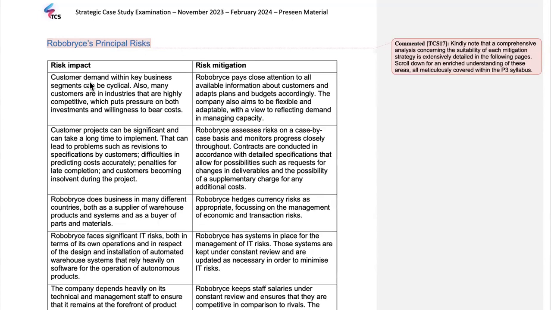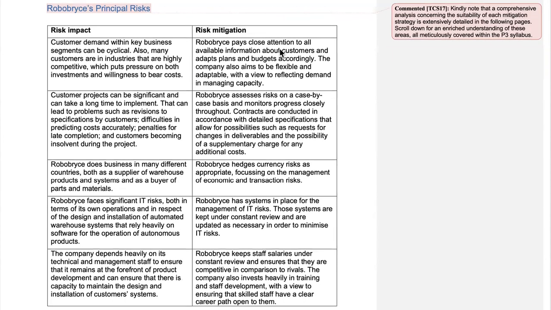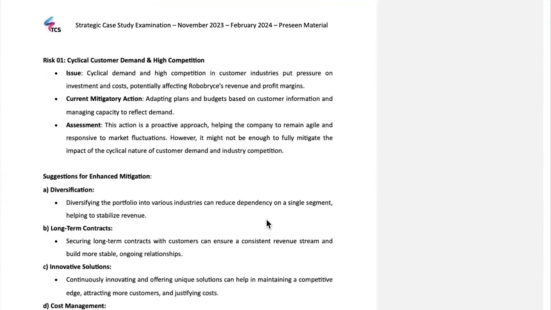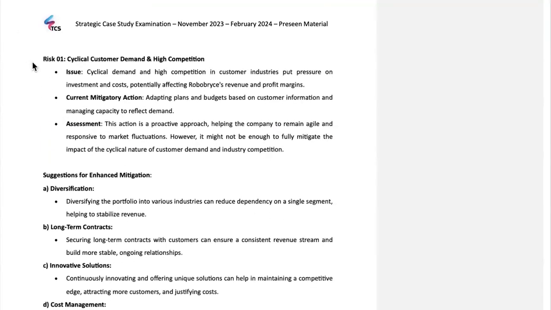So as you can see, the examiner is providing you with the risk report with the intention of ensuring that you evaluate the risk report and identify whether the risk mitigatory action adopted by the company is appropriate or not. Since I do not have enough space to provide annotations to evaluate each of these risk mitigatory actions the company is planning to take, I've added 5 more pages to the Preseen document, which indicates each and every risk.